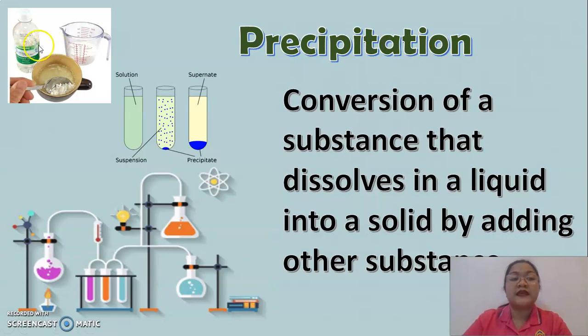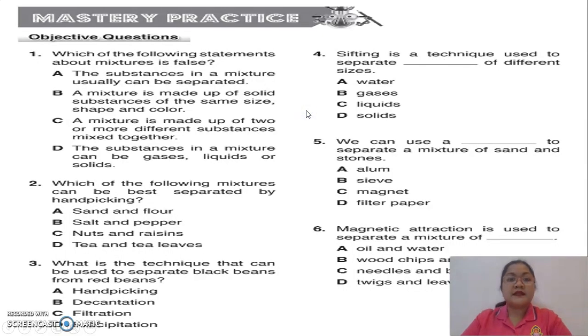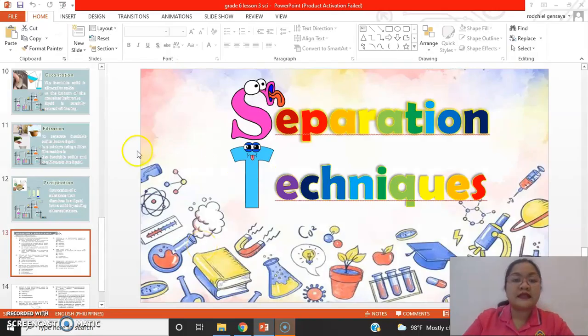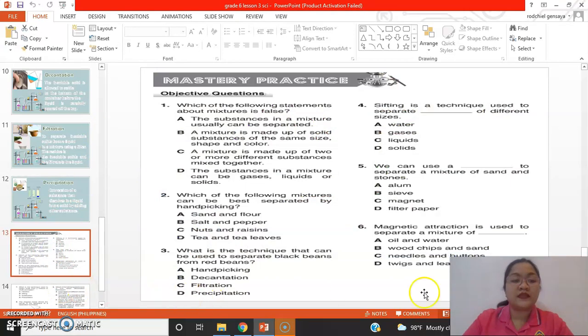For example, vinegar and milk. When you mix vinegar and milk together and set it aside for a while, when you come back, you can see that the milk becomes solid. That is precipitation.